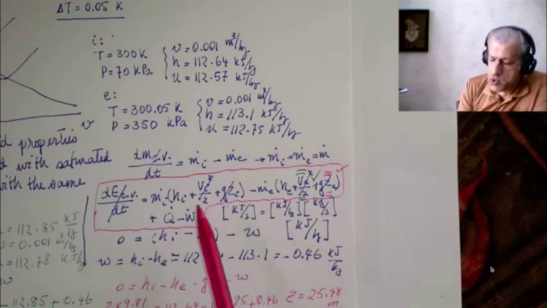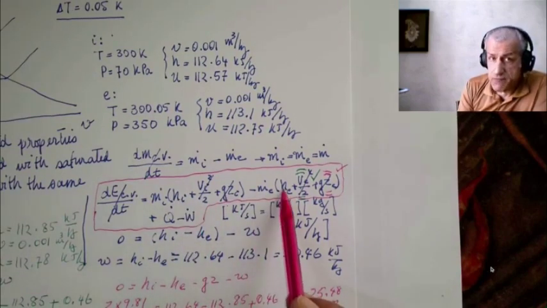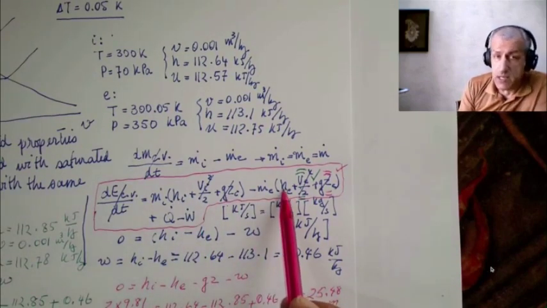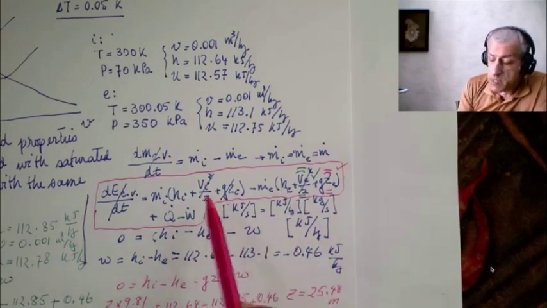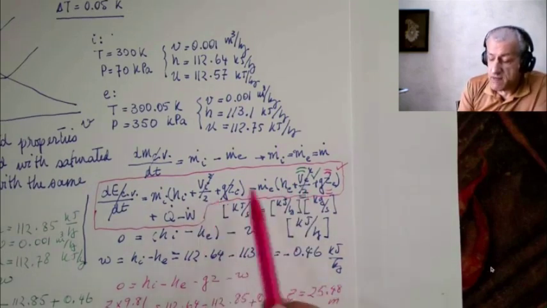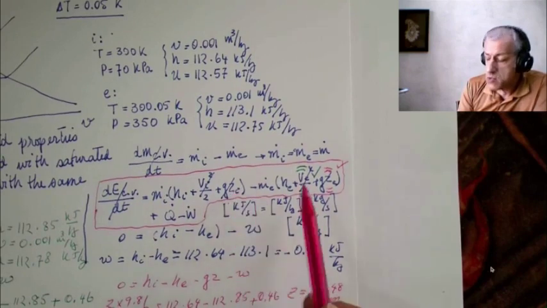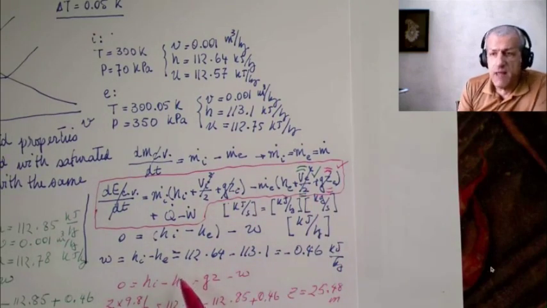Or it has to show itself as delta H, which could be delta T or delta P, could be delta V, a change in velocity, or it could be a change in elevation.